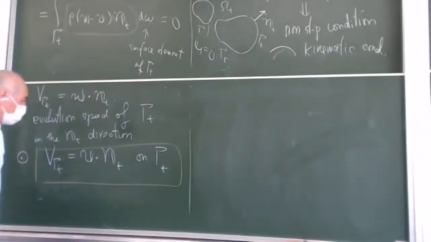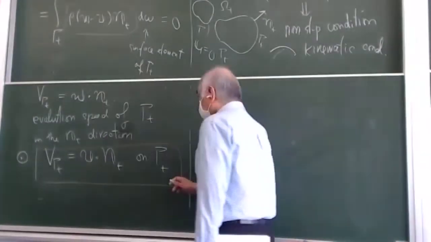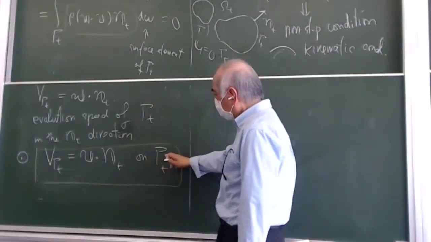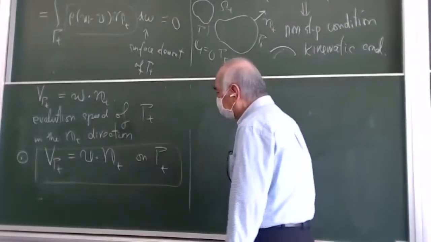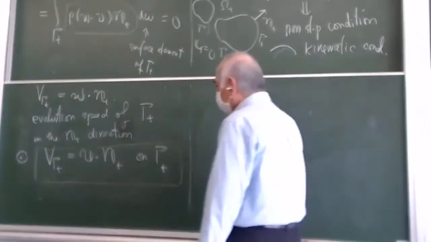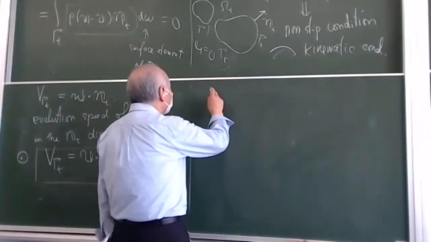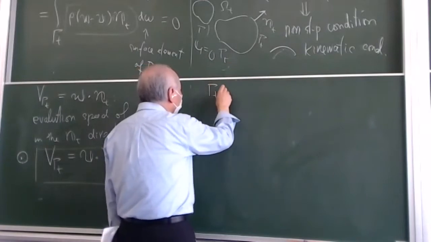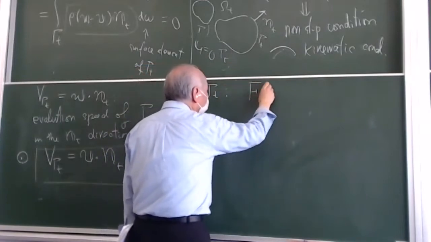Another way to represent this formula is, for example, that gamma t is given in this way.